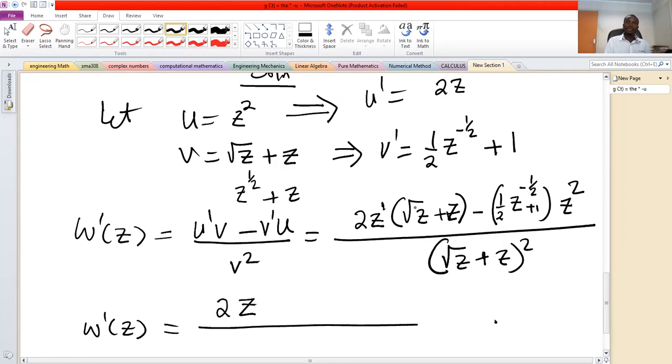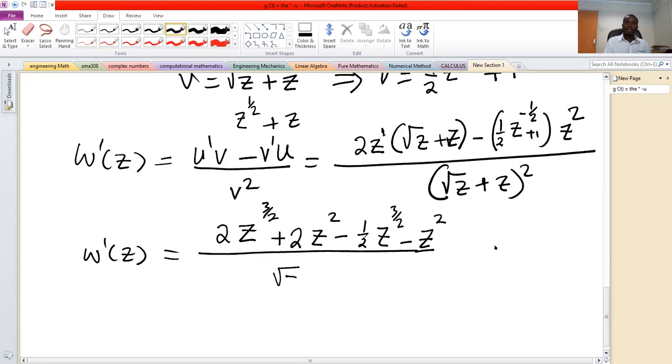Remember this power is 1, square root is like a half, so a half plus 1 is 3 over 2, plus twice 1 plus 1 Z power 2 minus a half, and then 2 minus a half is 3 over 2, and then minus Z squared, divided by square root of Z plus Z raised power 2.